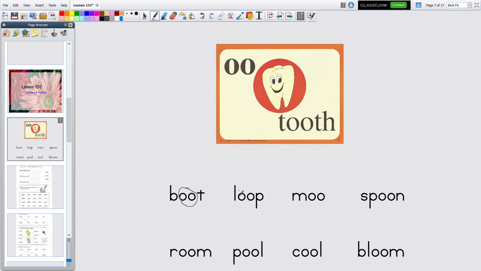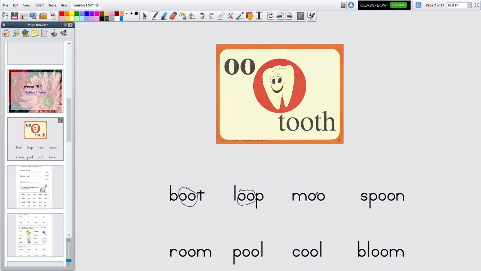Same with this. Let's try it with the one we learned last week. Up, loop. Does that sound right? No. So let's try it with oo, our second O-O sound. Oop, loop. Okay, so these are actually all oo in tooth.